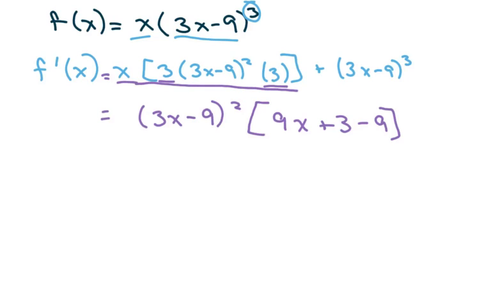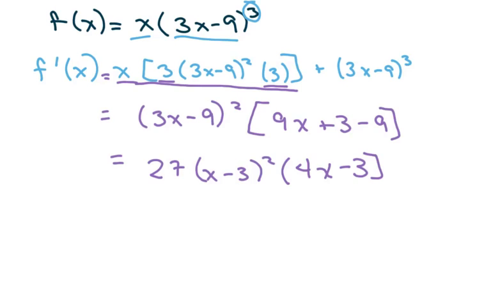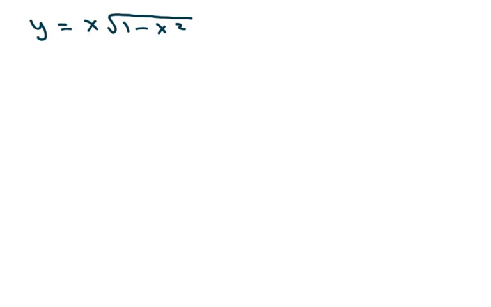Alright, and then when you simplify all this, you're going to get 27 times, I'm pulling out 3, so that's going to be x minus 3 squared times 4x minus 3. So I just simplified this. This is 9x minus 6, and I pulled everything out and put it out front. Okay? The next one is this one.